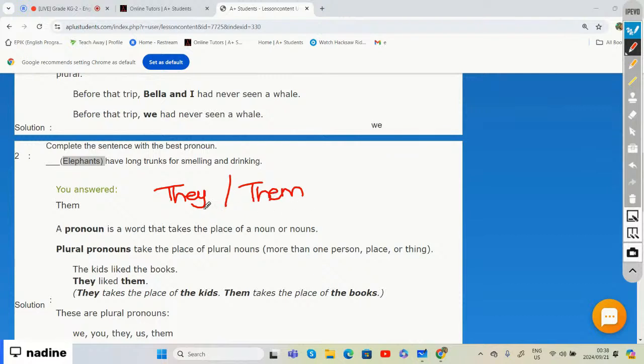We need to choose between these two pronouns. Which one is correct?